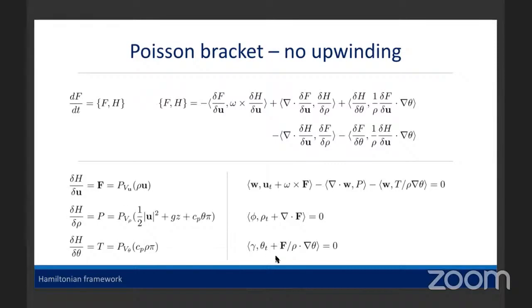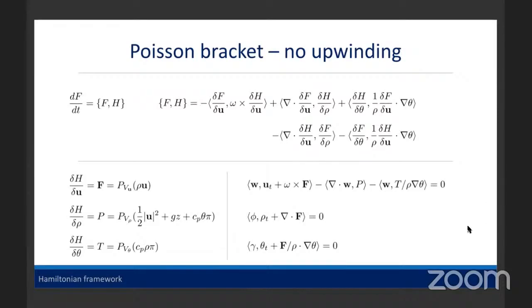And so, for example, my temperature equation now says, rather than plus u dot grad theta, it's plus f over rho dot grad theta equals 0 for my test function gamma. And in this case, we know that this discretization of the compressible Euler equations is immediately energy conserving because it comes from a bracket that's antisymmetric.